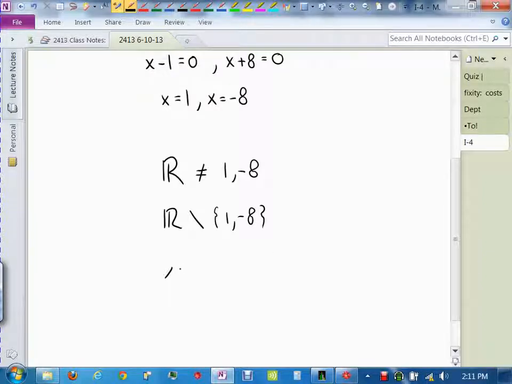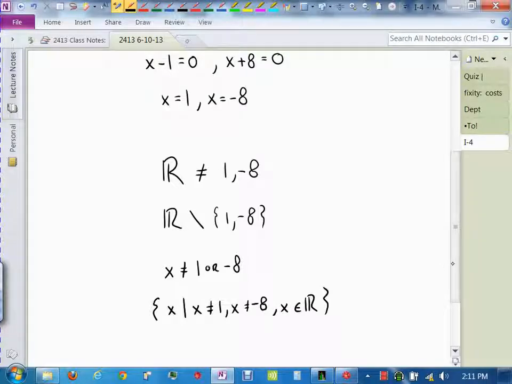You could say x just not equal to 1 or negative 8. You could say the set of x such that x is not 1, x is not negative 8, x is a real number. I mean, there are so many different ways to write this.